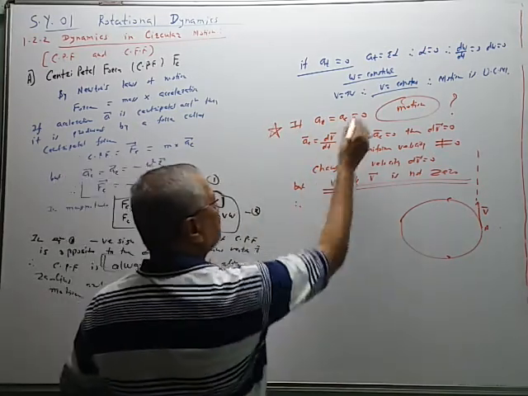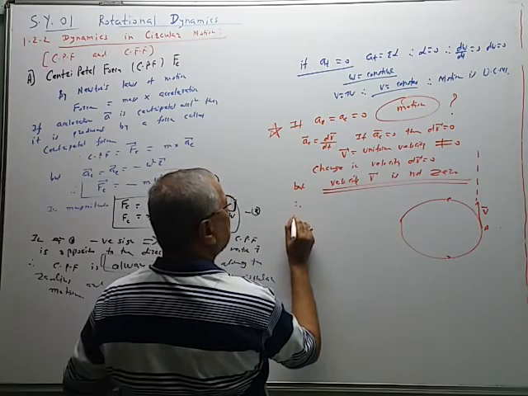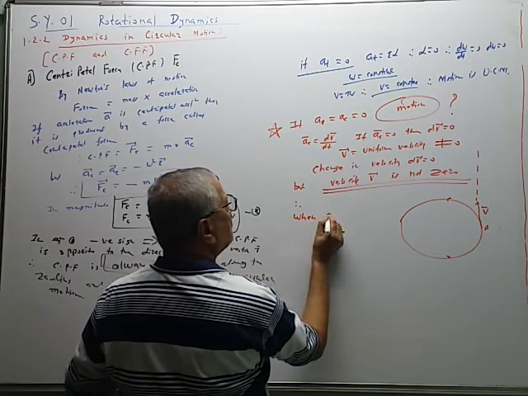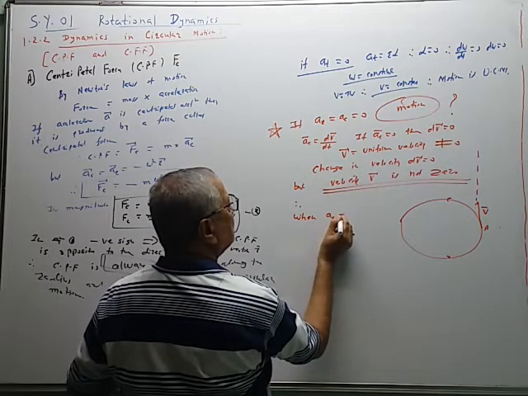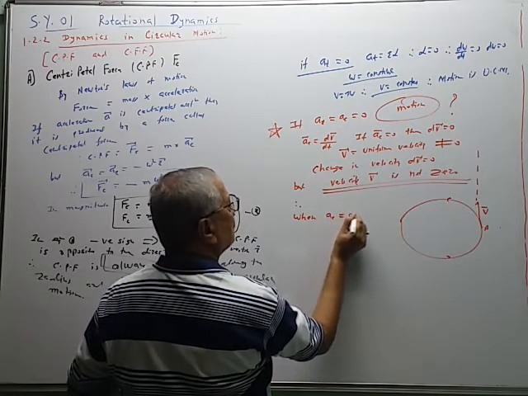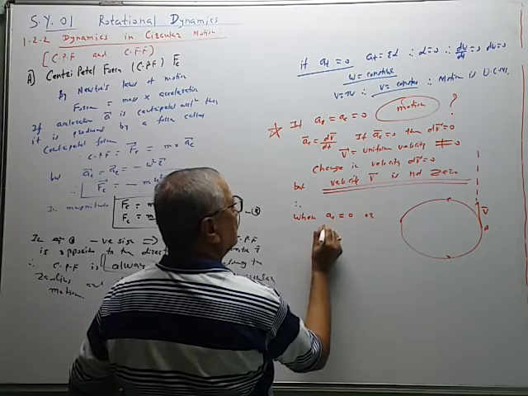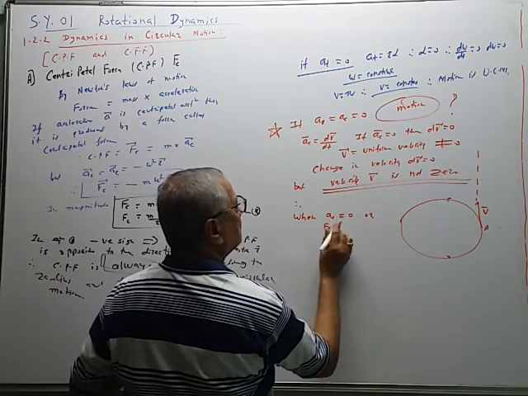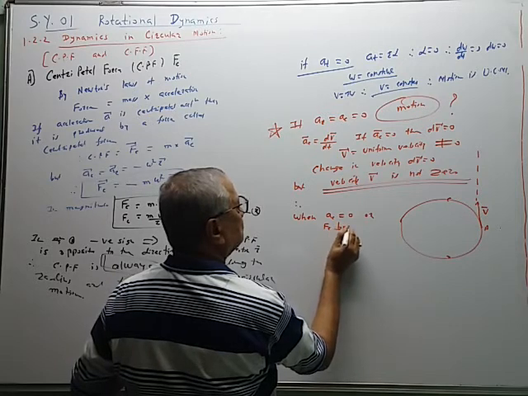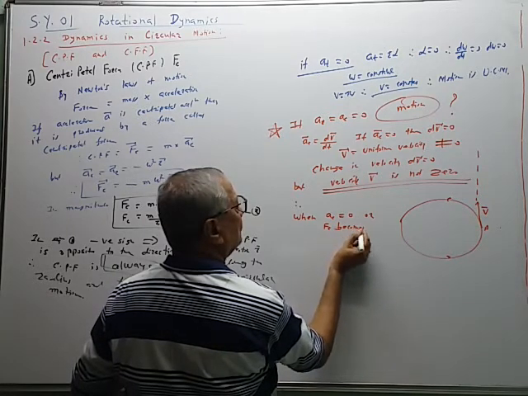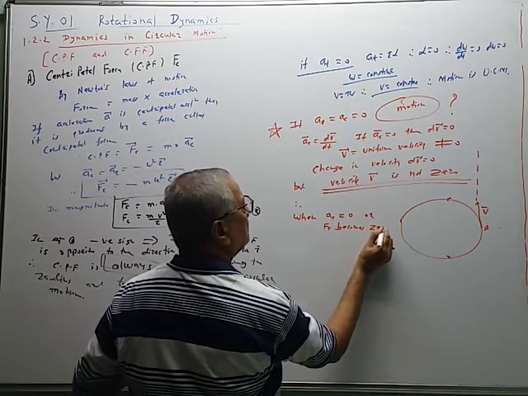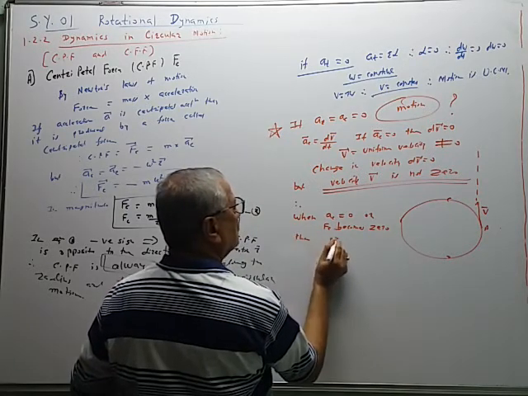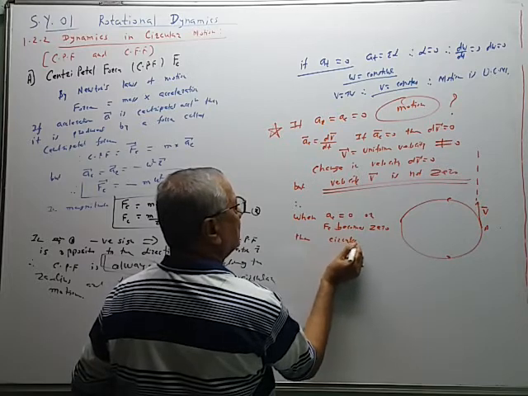If AR or AC is equal to 0, then when centripetal acceleration AC becomes 0 or centripetal force FC becomes 0, vanishes, then circular motion will stop.